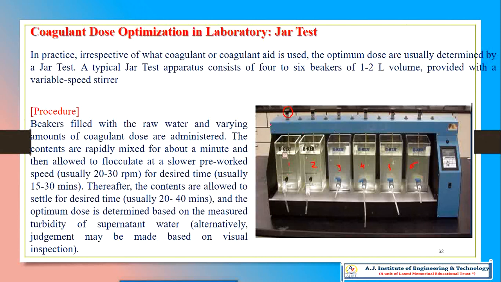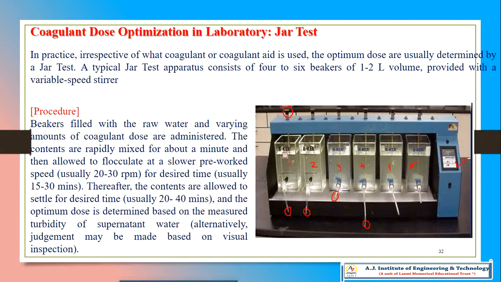So now I will explain. This is a display indicator, and this is a collecting pipe to test the turbidity. Okay. Now you see here, the beaker is filled with the raw water. All the beakers should be filled with water.